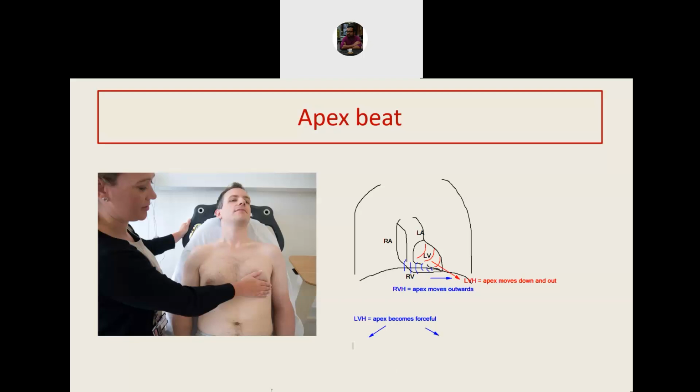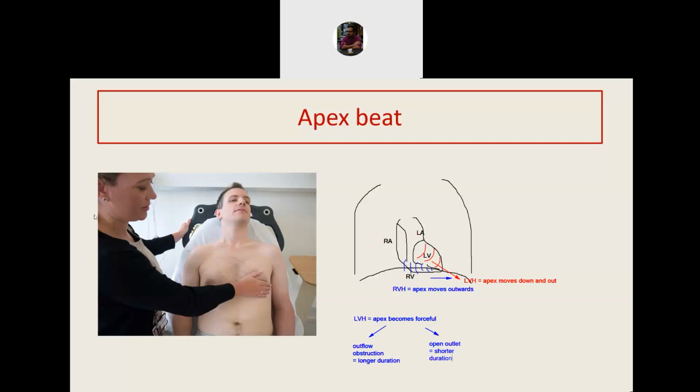So, if there is an outflow obstruction, that is, blood cannot easily go out, that means there will be longer duration of the apex. And if there is an open outlet, then blood can easily go out, and therefore there will be a shorter duration of this whole episode. The contraction will be over very soon.